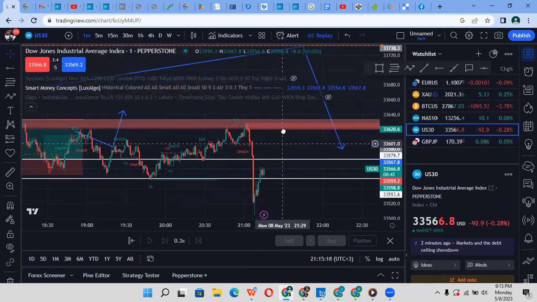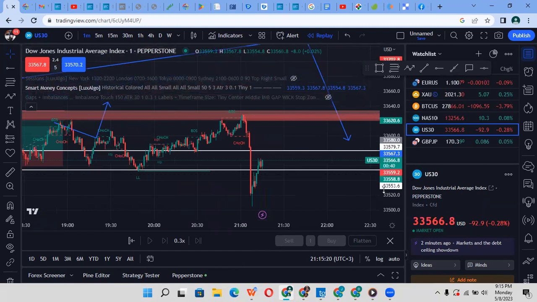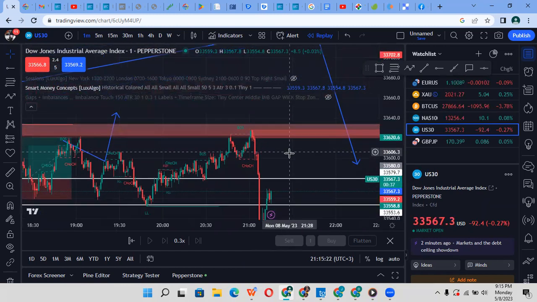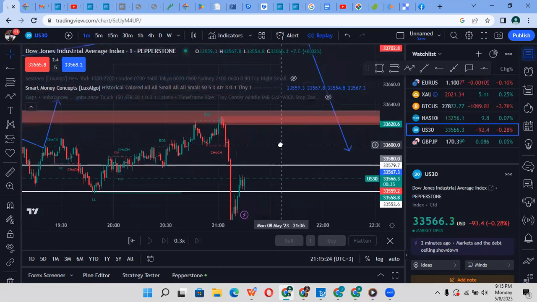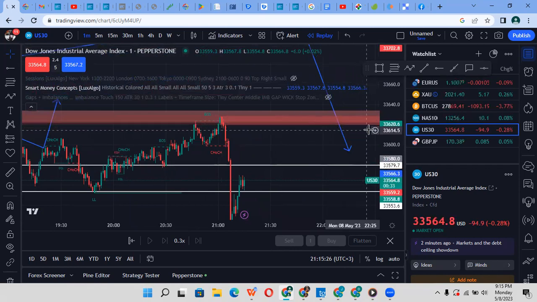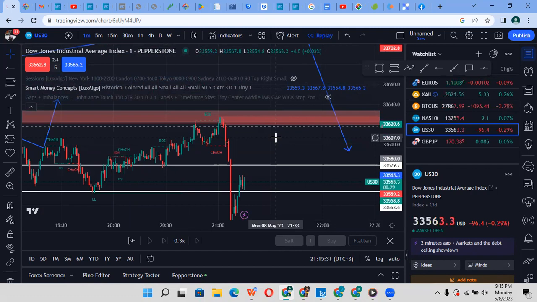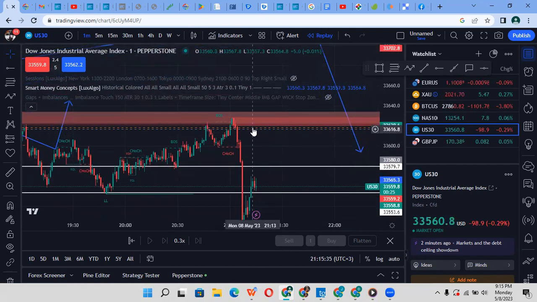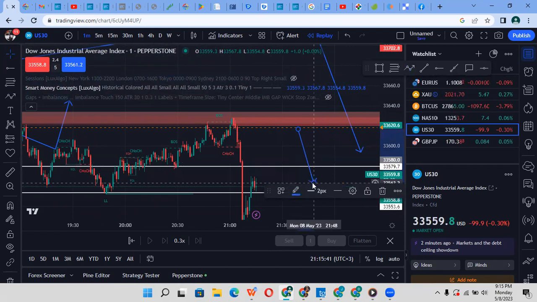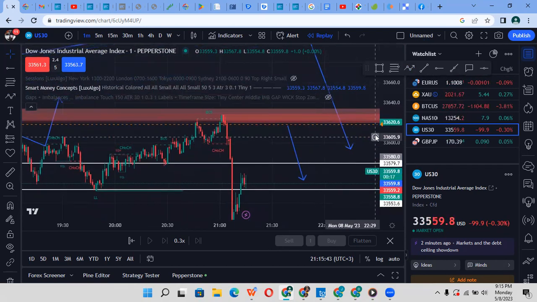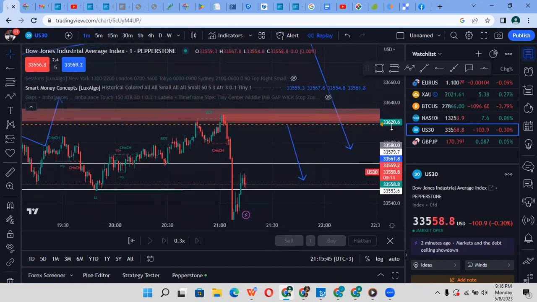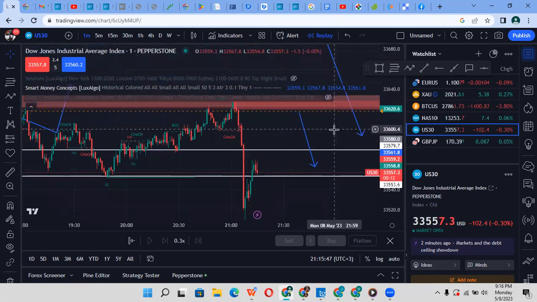And for US30, guys, this also meets our trading right now on this live. Okay, if US30, let me just put an alarm here. If US30 comes back to this level, just sell it. Okay, sell US30 if it comes back to this level, which is the 33,620.6 level.